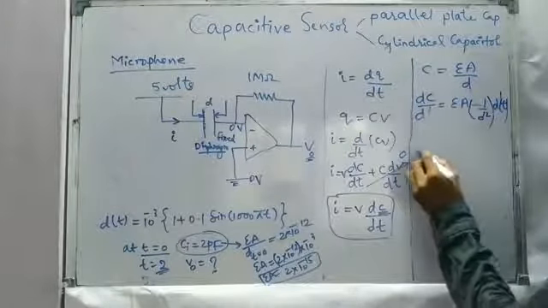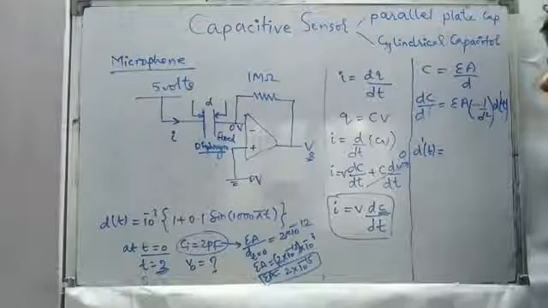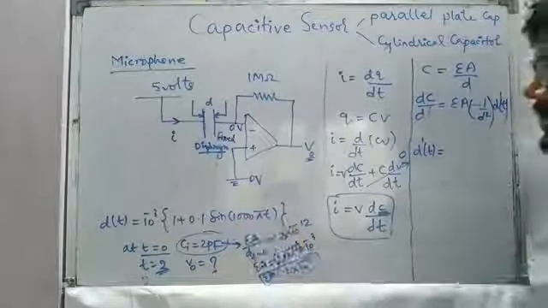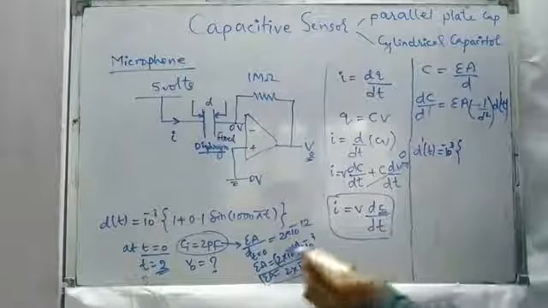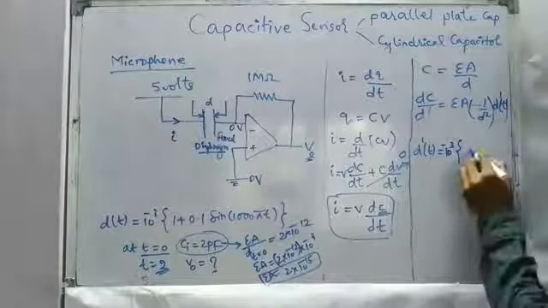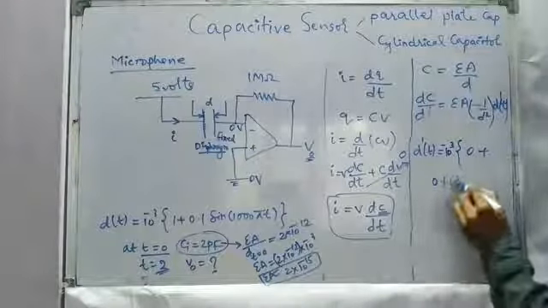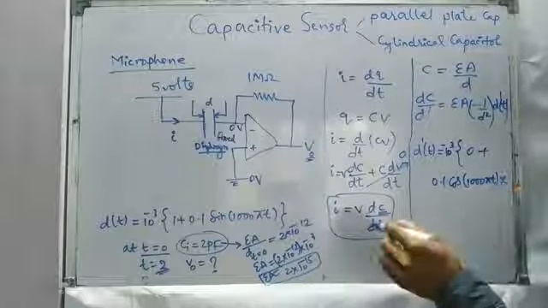As we know, d of t is given as 10 to the power minus 3, whole thing multiplied by 1 plus 0.1 sin 1000 pi t. If we differentiate it with respect to t, the 10 to the power minus 3 is going to come out, and the differentiation of constant is 0, plus 0.1. Differentiation of sine is cos 1000 pi t into 1000 pi.